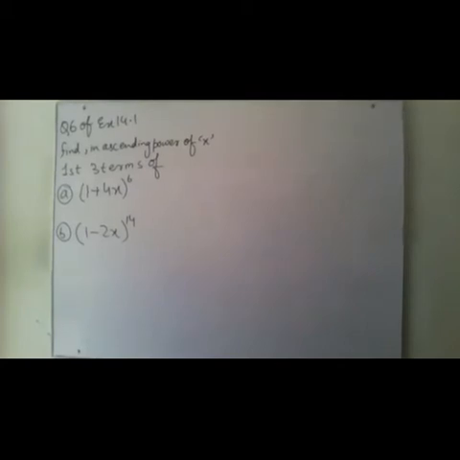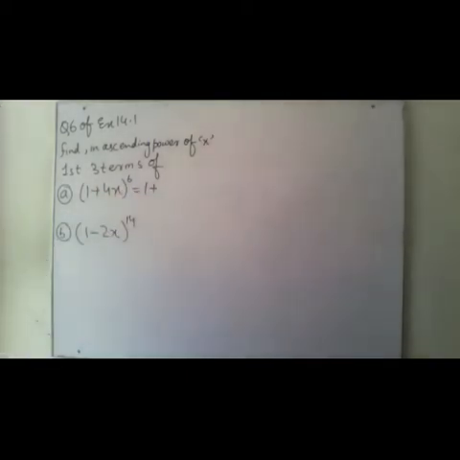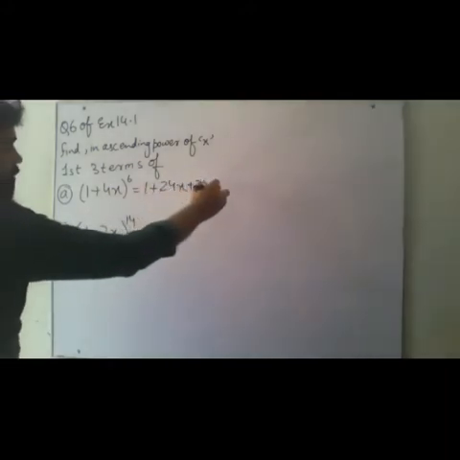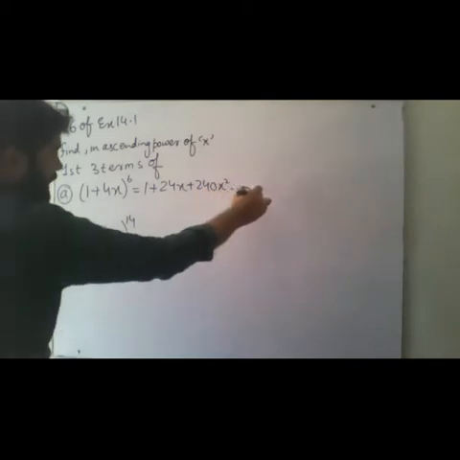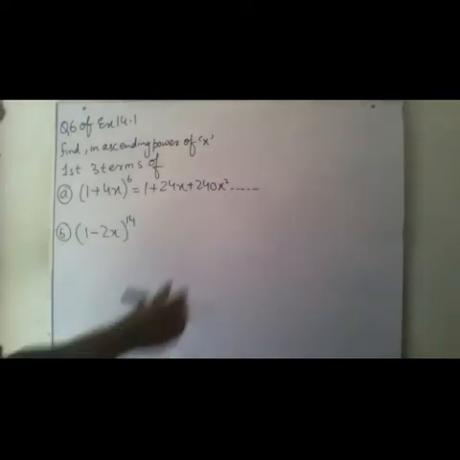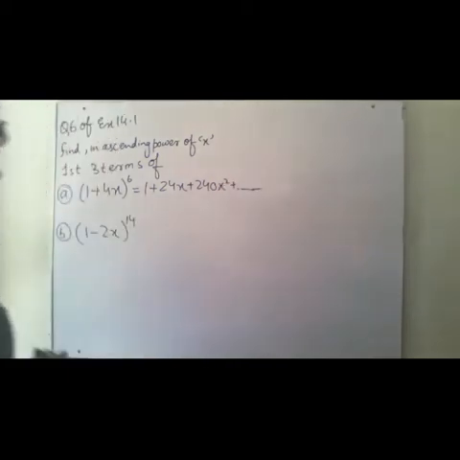Now, as we have already done how to do the expansion, I'm not going to explain it here. I'm writing it directly. 1 plus 24x plus 240x square. I don't need the rest, so I have put a dotted sign here.